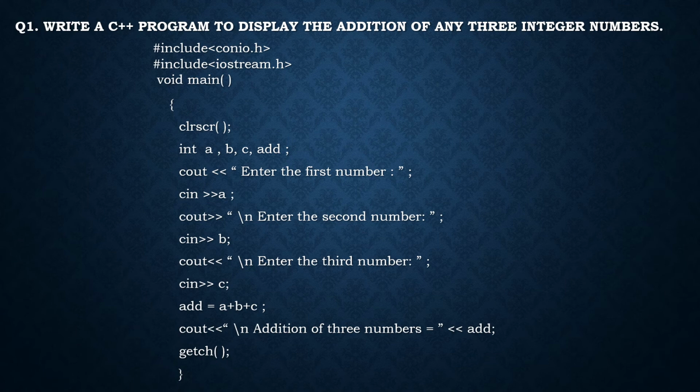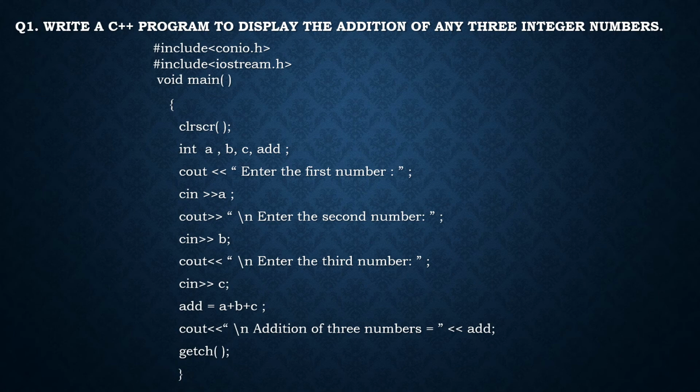After taking all the values, what is your function now? You have to add the values. Where will you store the addition? Already I have taken another variable, that is add, so I have written add is equal to a plus b plus c. See here, I have not written the values, I have written the variables.